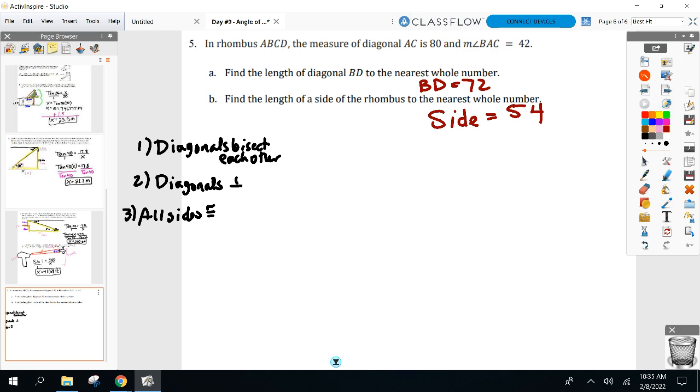Find a right triangle first. Find an angle and a side. And then solve for your missing side.